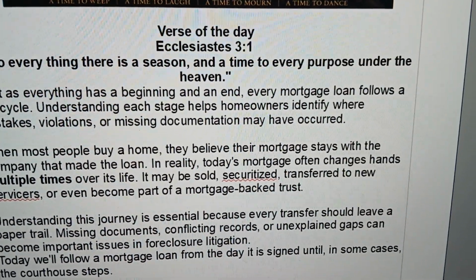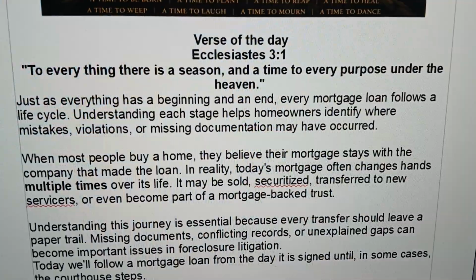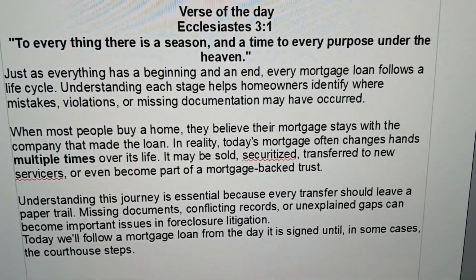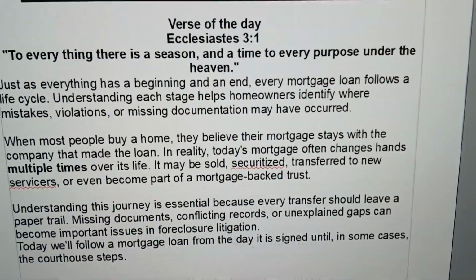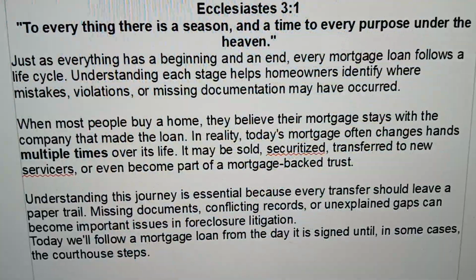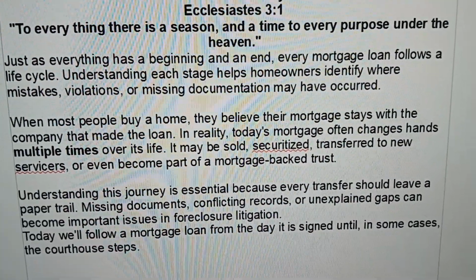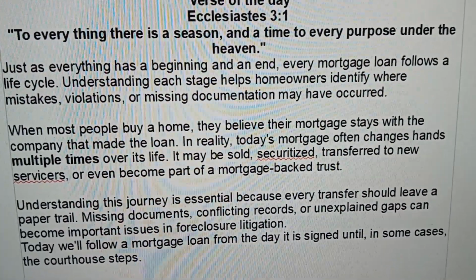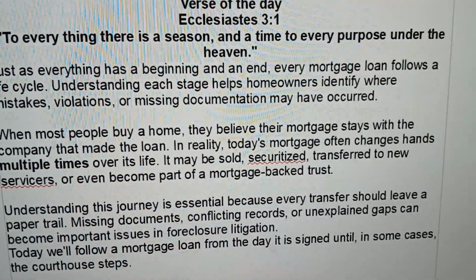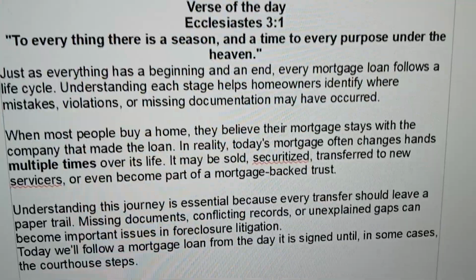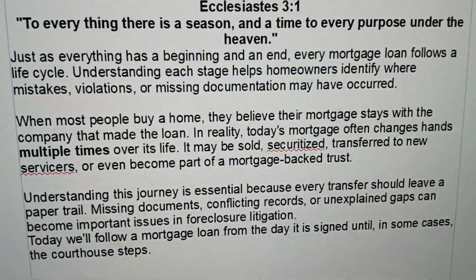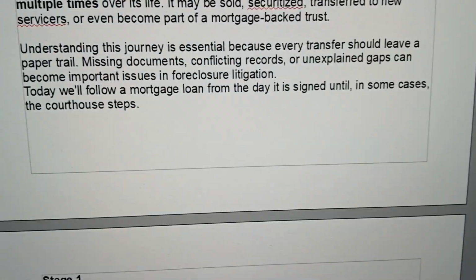It may be sold, securitized, transferred to new servicers, or even become part of a mortgage-backed trust. Understanding this journey is essential because every transfer should leave a paper trail. Missing documents, conflicting records, or unexplained gaps can become important issues in foreclosure litigation. Today we'll follow a mortgage loan from the day it is signed to, in some cases, the courtroom steps.